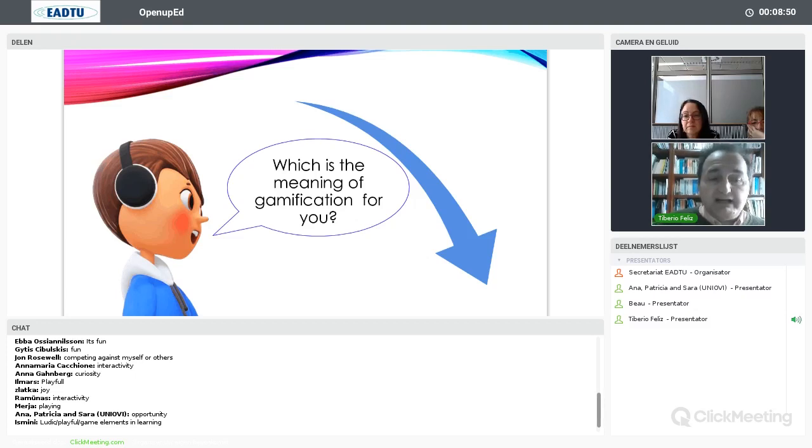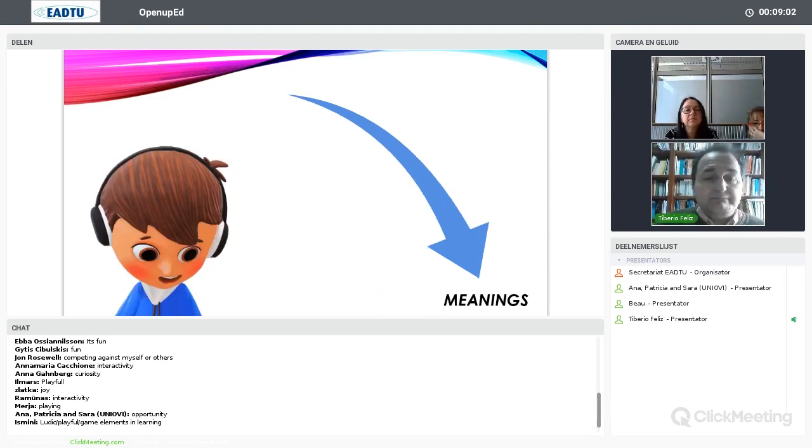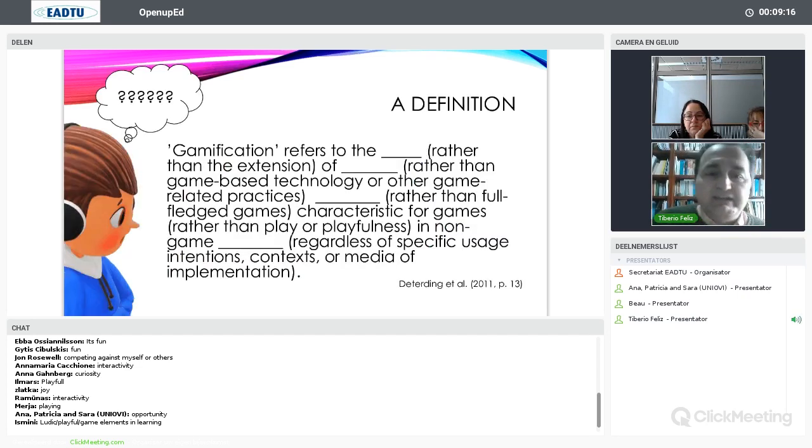Quite all your ideas are useful for our explanation, and you'll see we are using them during our explanation. To understand better what gamification is, we need a definition. And then we are also using, during this talk, some strategies and ideas of gamification.